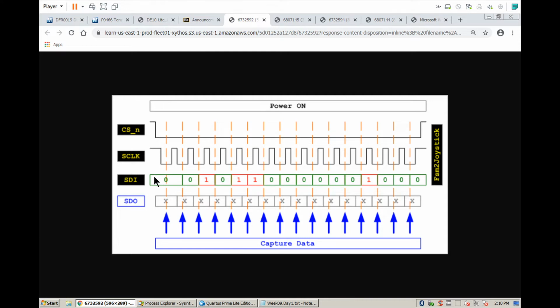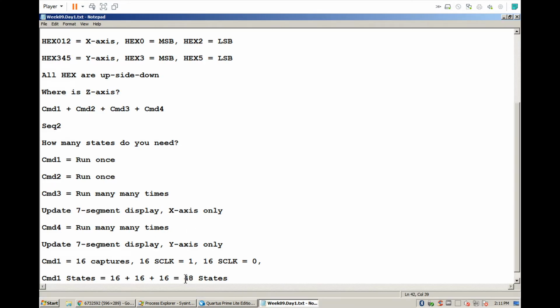This is one state. The next state, CS equal to 0, S clock is not changing, SDI is not changing. You need two states. Then the third state is CS equal to 0, S clock equal to 0, and SDI equal to 0. So that means you need to plus 3 states here.